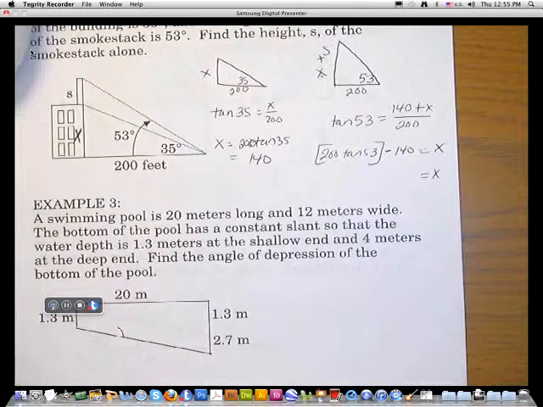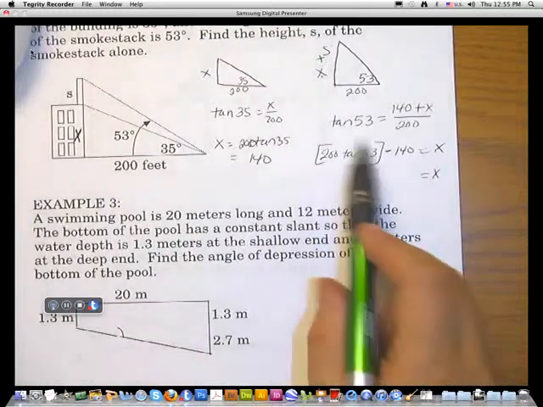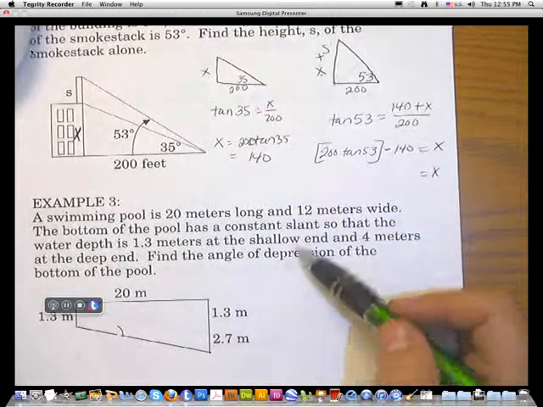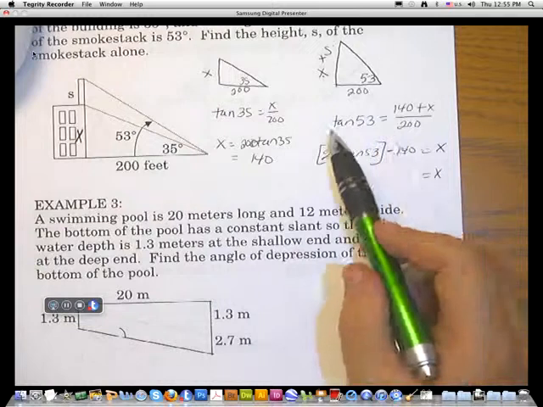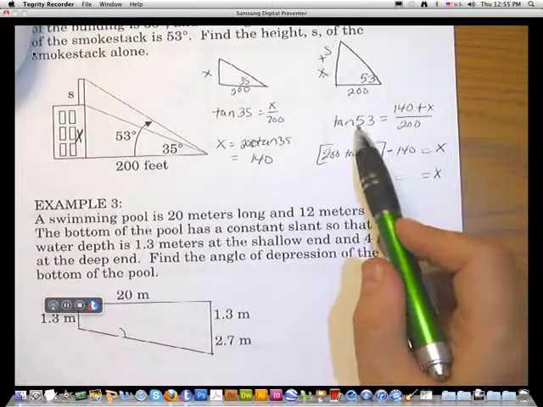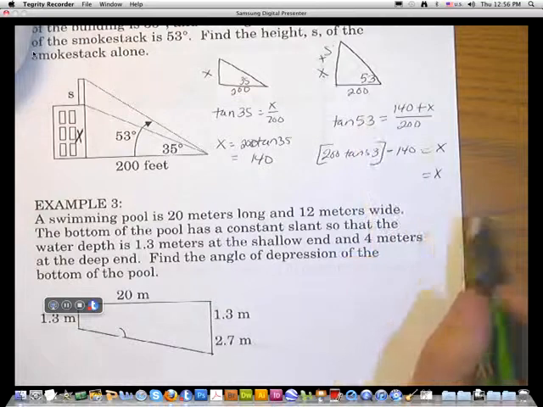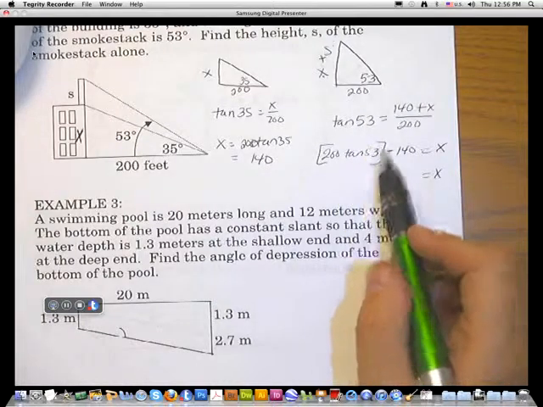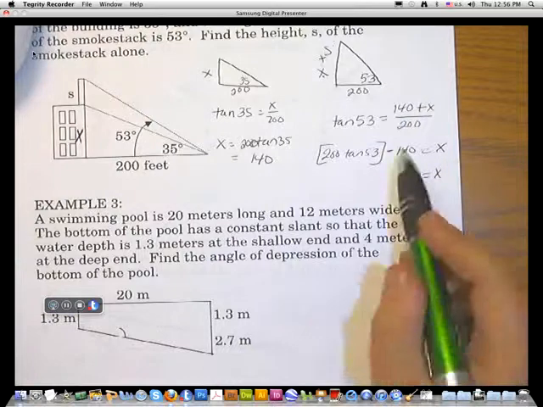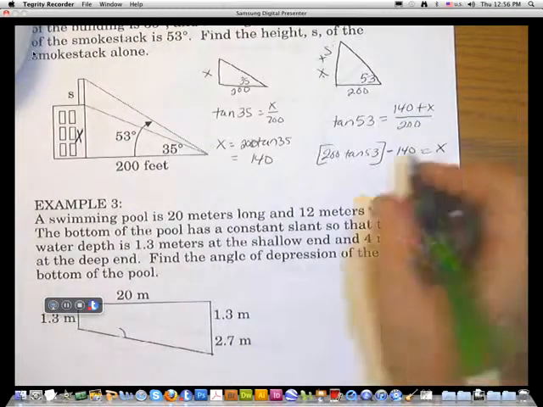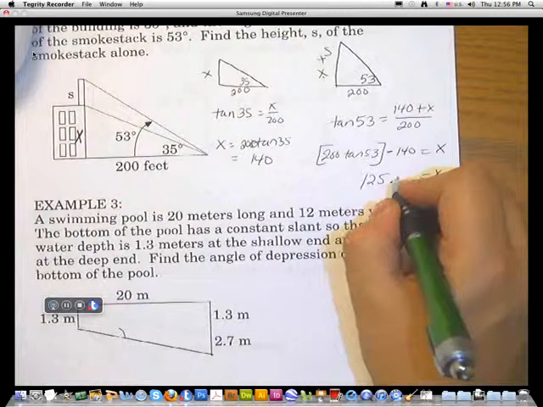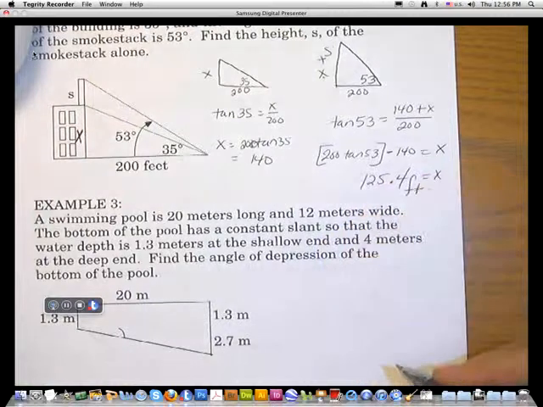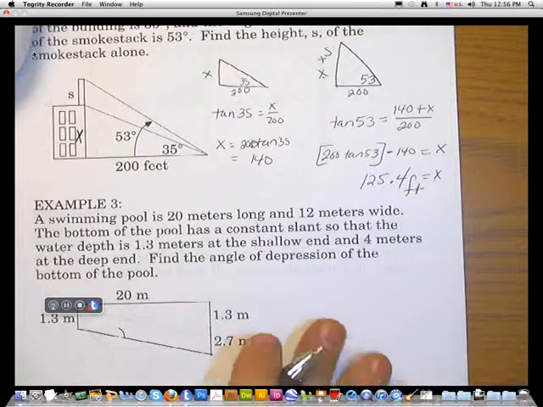Make sure that you use the parentheses correctly, because if you just put tangent 200 tangent 53 minus 140, your calculator is not going to read it appropriately. So you need to make sure that you close this off and you get a value for it before subtracting the 140, and you should find that it's 125.4 feet, labeled because it is a word problem.